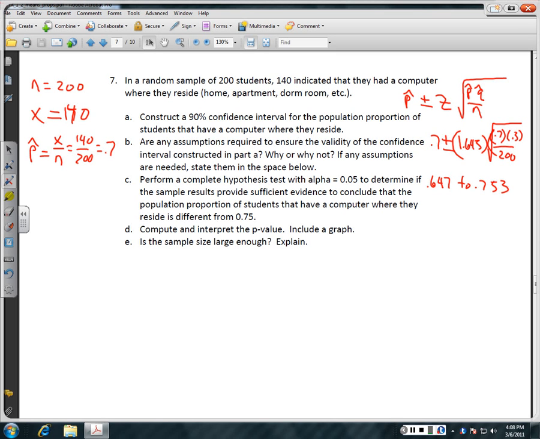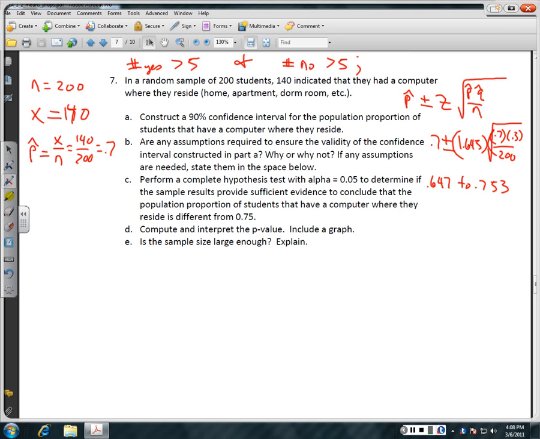I'm going to make it a little easier than that. As long as you recognize it's a qualitative variable, what you have to know is that the number of yes has to be greater than 5. The number of no has to be greater than 5. So both of those have to occur.